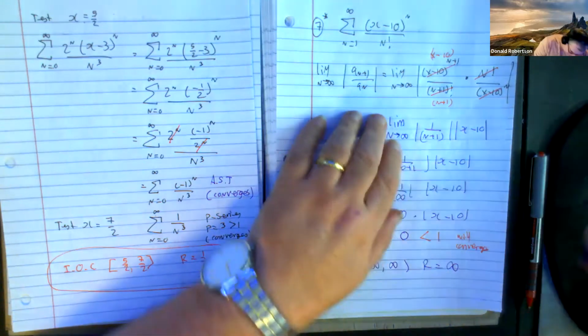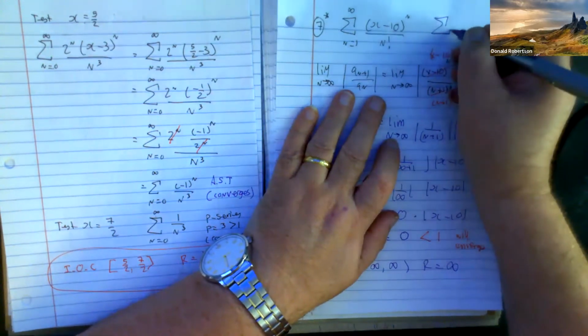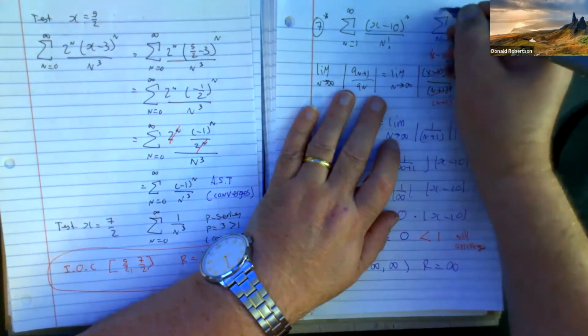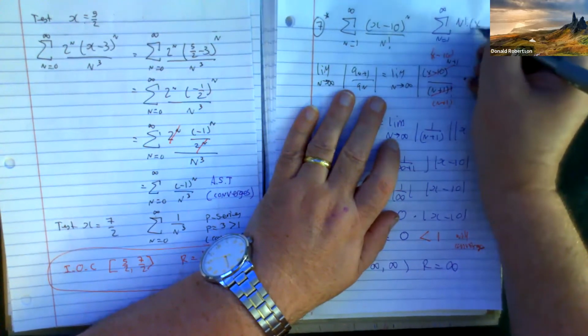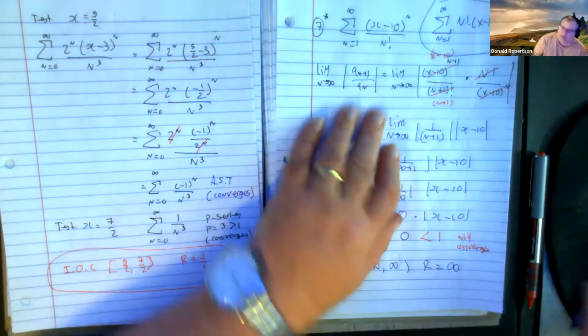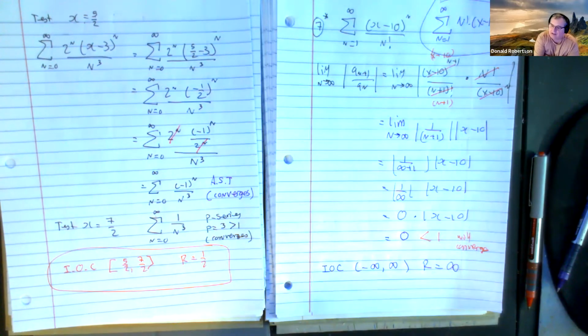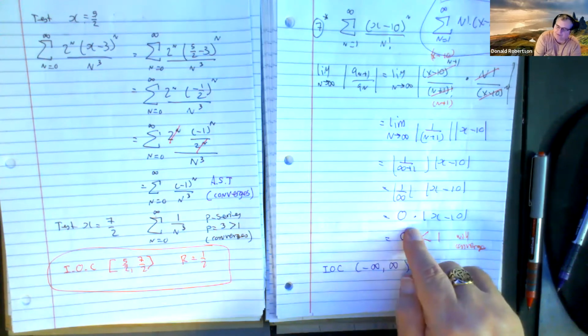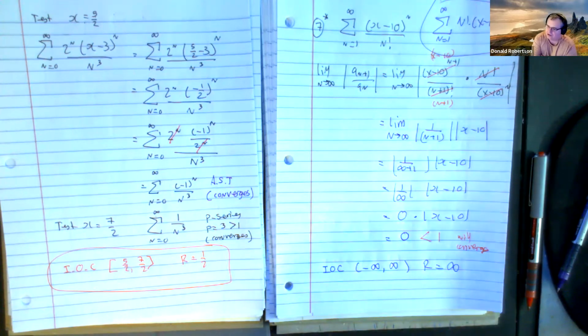If I had done this series with one major change, I put the n factorial on the top, right? If we went through that entire working, do you know we would prove that the limit was infinite and therefore it would never converge, right?